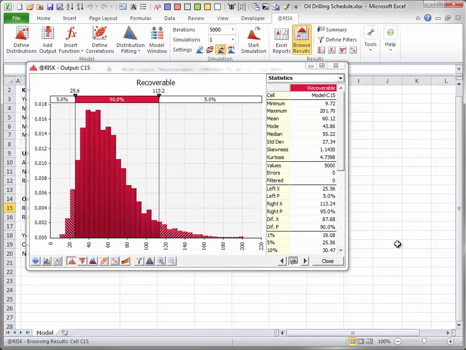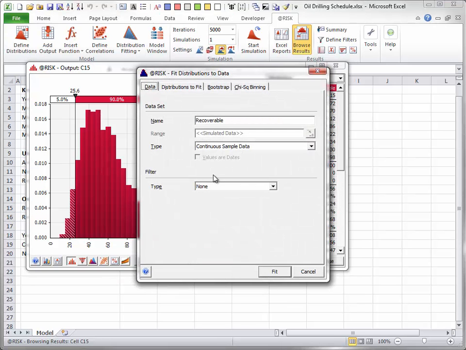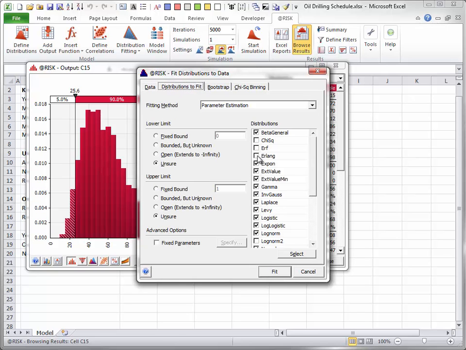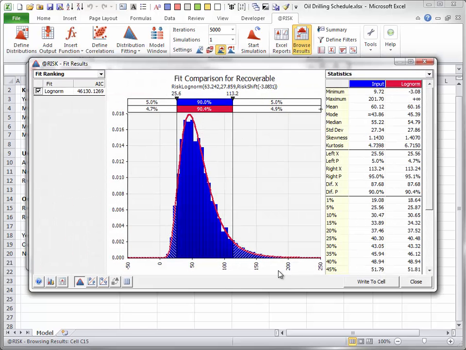To check whether a log normal distribution fits this histogram well, I will run at-risk's distribution fitting tool directly from this histogram window. As you can see, the log normal distribution fits extremely well.